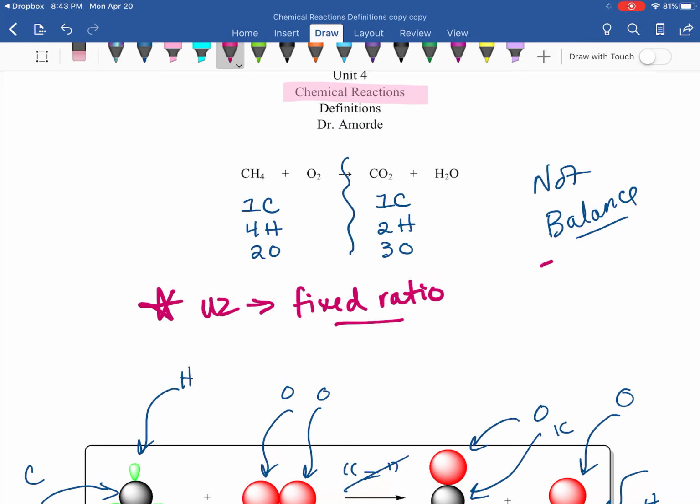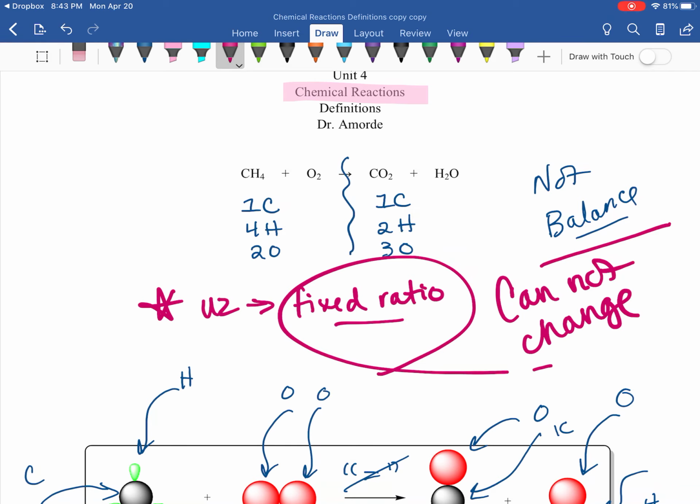That is up to electrons moving. That is up to Mother Nature. That's not up to you. So how in the world do you actually balance a reaction? You cannot change that fixed ratio. That is a no-brainer. We cannot do that. So in other words, CH4 has to stay CH4.